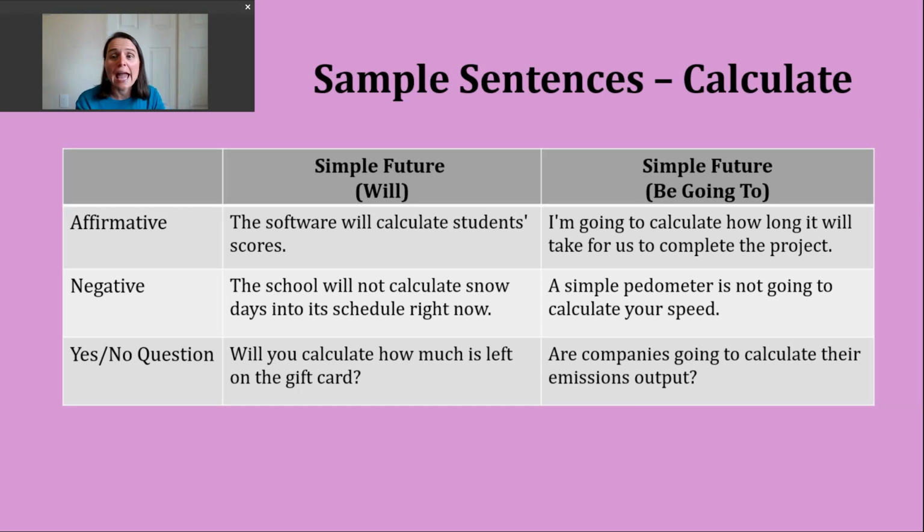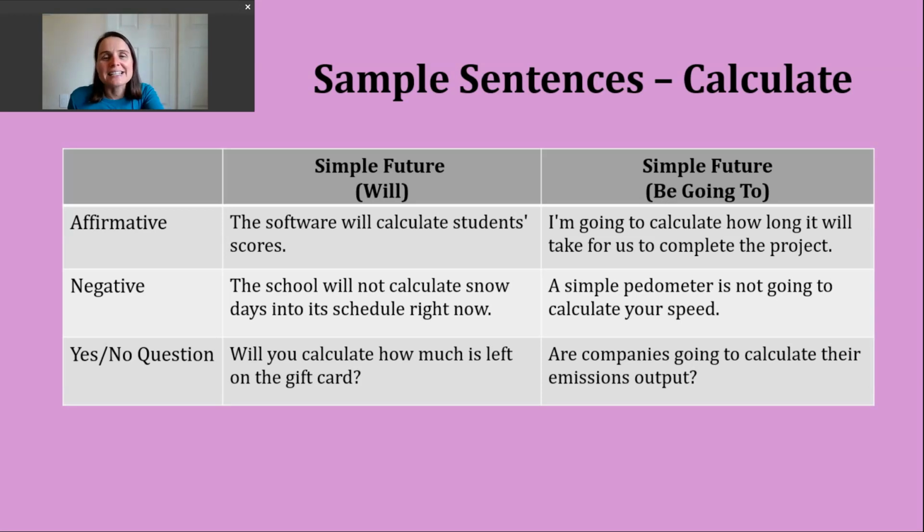Now, let's take a look at some simple future sentences using be going to. The important thing to remember is that our form of be is going to be in the present tense, and it's going to change based on what our subject is. So if our subject is I, we're going to use am. If our subject is you, we, or they, we'll use are.